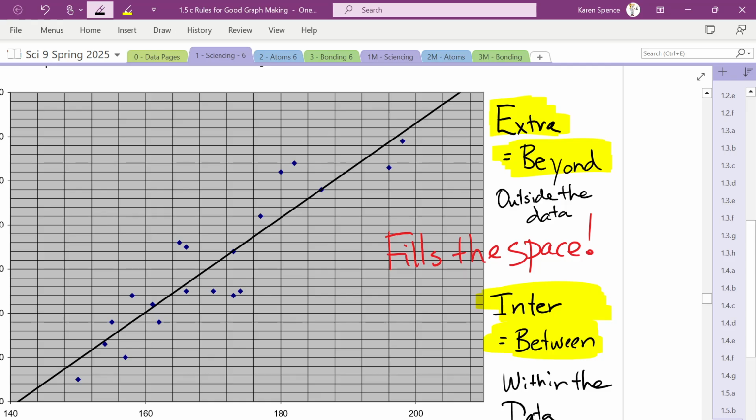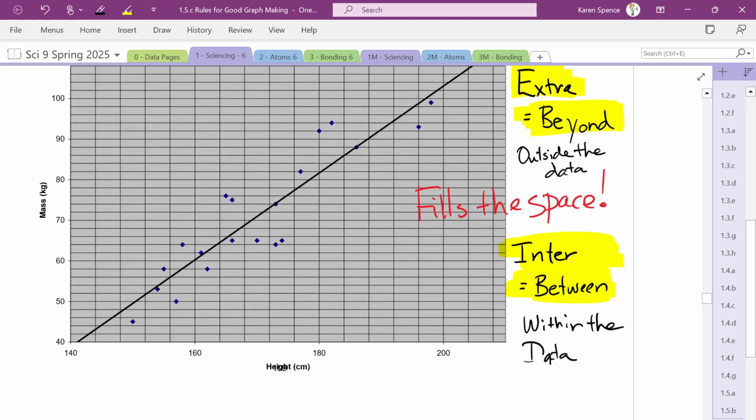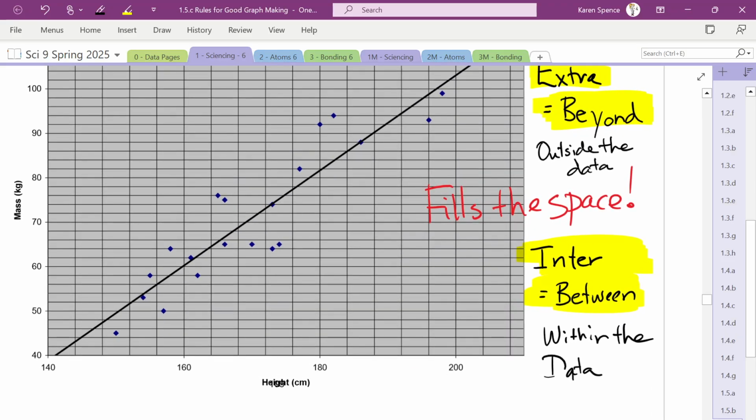Now, if I were to ask you, what is the mass at a height of 155 centimeters?